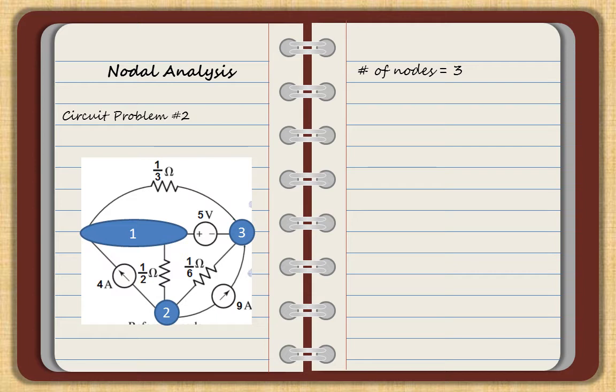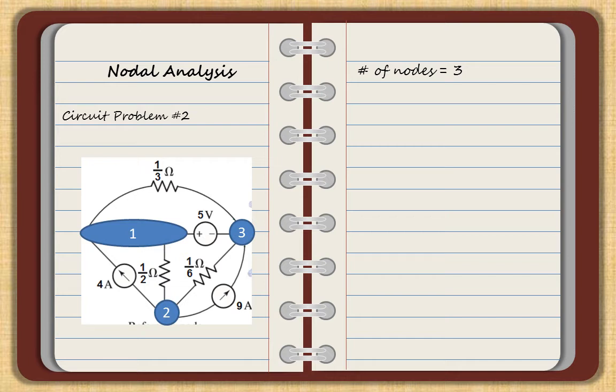The second step in using nodal analysis is to identify the reference node. This is one of the important points. If you choose a different reference node, it's not wrong, but it will make your equations longer. So my tip is to put the reference node at the negative side of the voltage source, because the node at the positive side of the voltage source will automatically be equal to the voltage source.